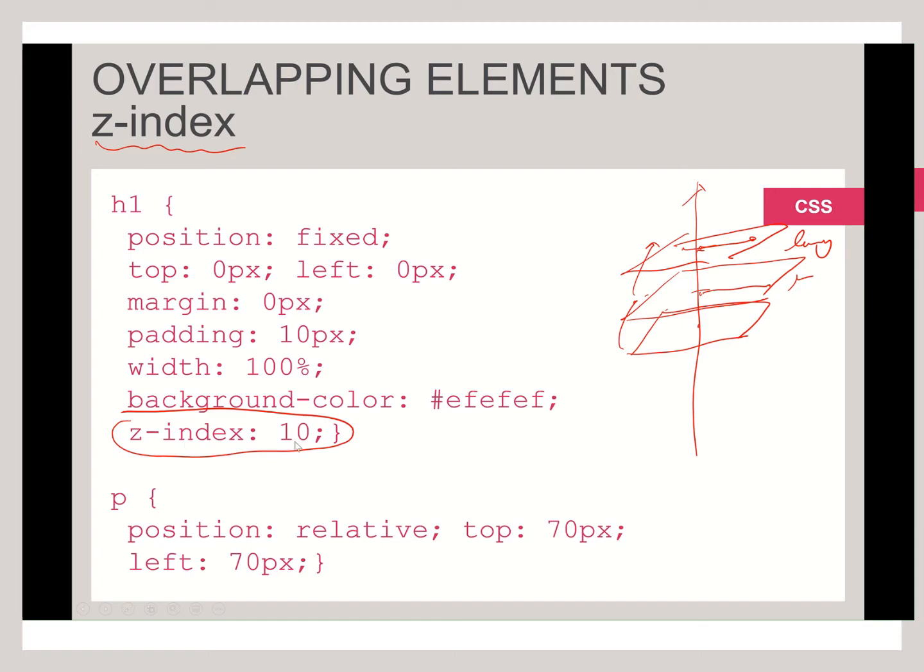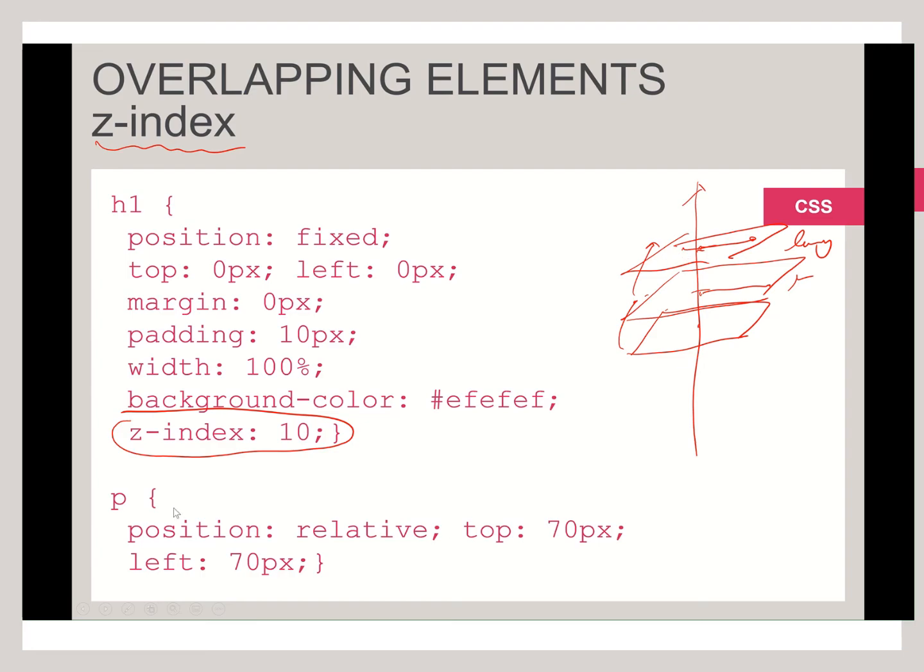Larger value means as long as it's positive, then it's larger. Because by default the z-index is not set, it's auto. Auto means 0. So by default the z-index value is 0. And now we set it to be 10. Of course, the heading will be seen.